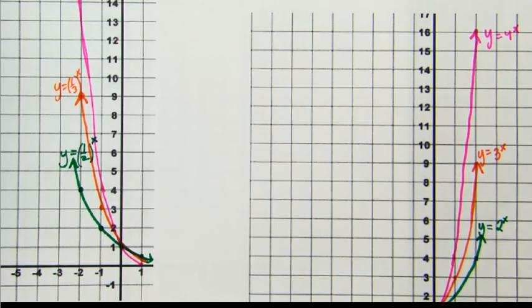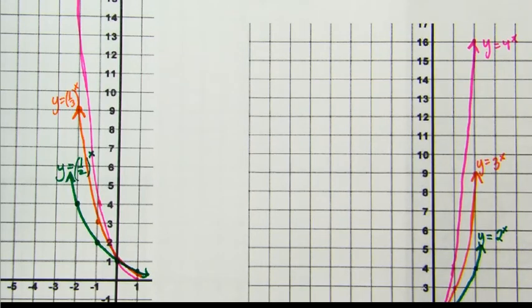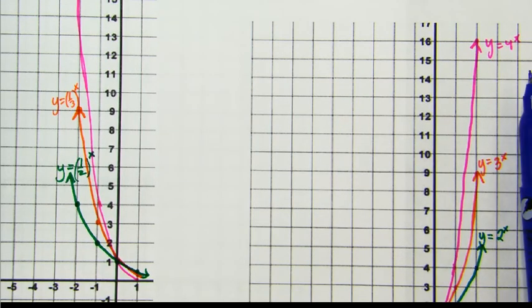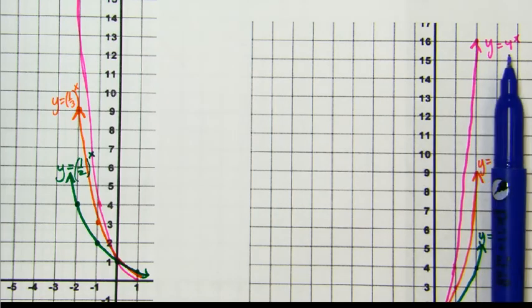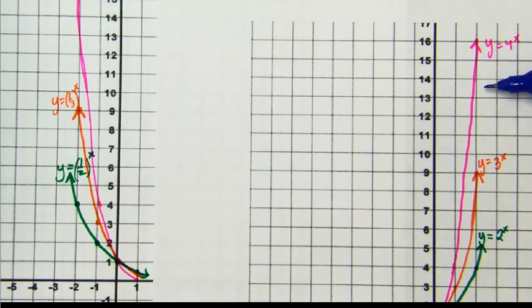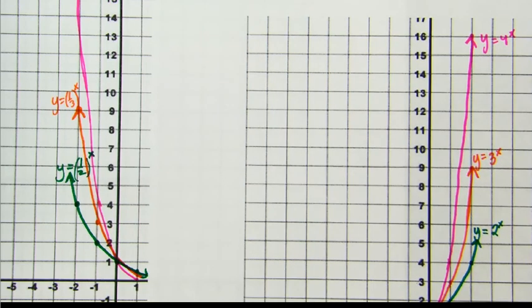So something that you could say is, as the b gets further away from 0, does it get steeper? No, that doesn't happen, right? As the b gets further away from 0, that doesn't get bigger.